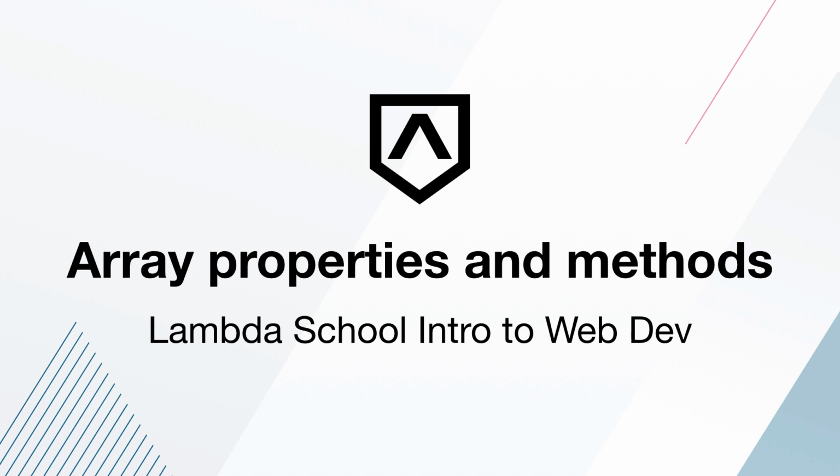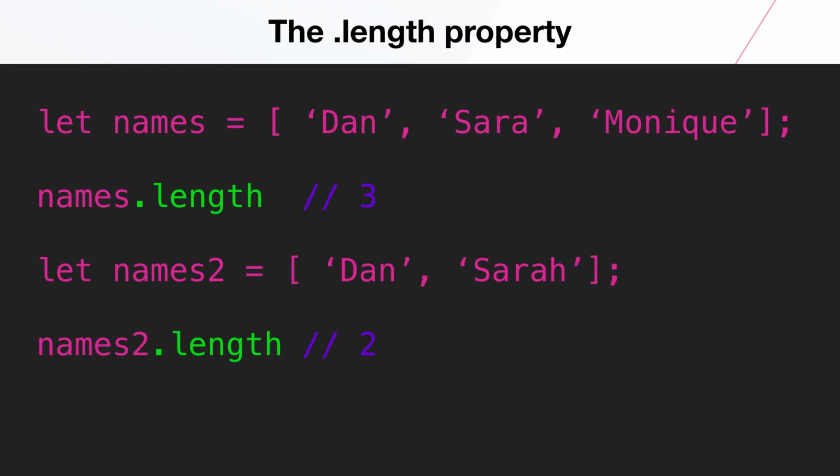Like I said before, in a previous lesson we learned about the length property on a string. If we asked for a string name .length, it would give us the number of characters in that string. Well, arrays also have a length property. And instead of the number of characters in a string, it's going to give us the number of data items in our array.